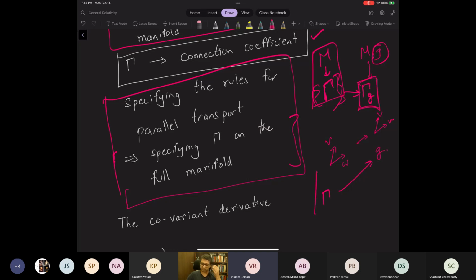I have to think about that. Maybe we'll do it in the next class when we derive the specific metric, whether the formula is invertible. That is, can I go from the connection to the metric? From a general connection, can I get a metric associated with it?